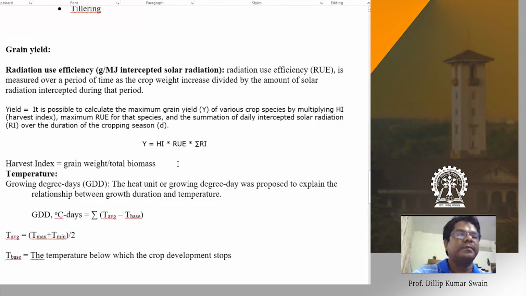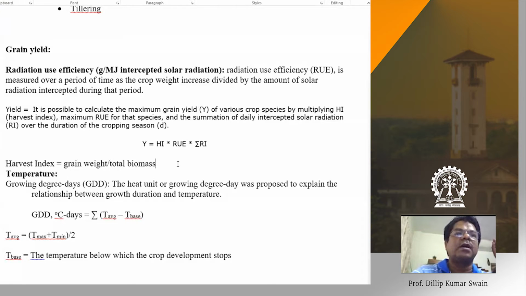Sir, can you please explain again what is the relation between the angle at which leaves are arranged in the plant and the extinction coefficient? Yeah, extinction coefficients are calculated for different crops, because the leaf angle determines the light interception by the crop.